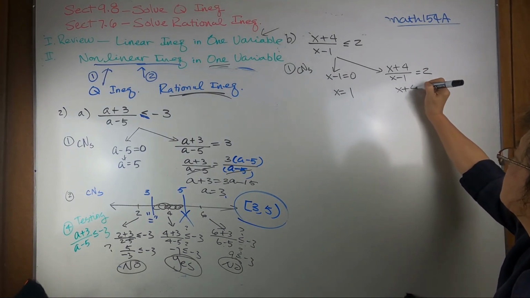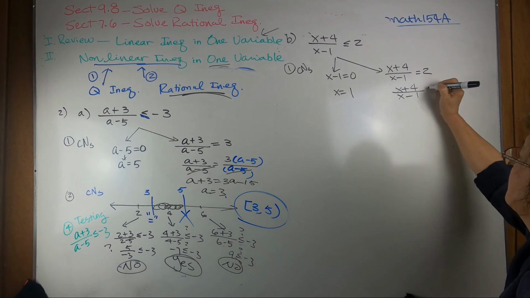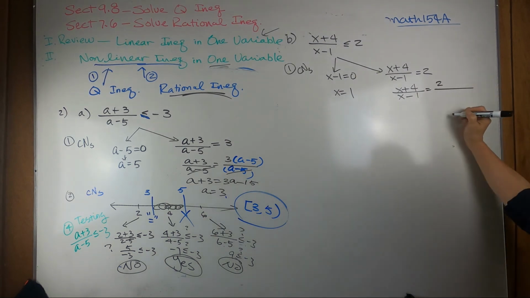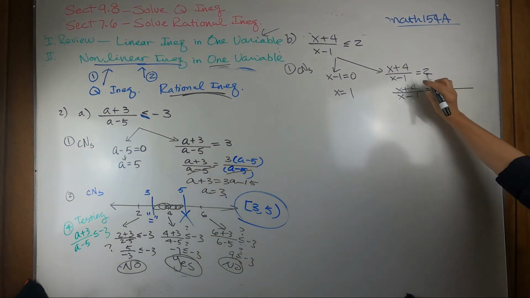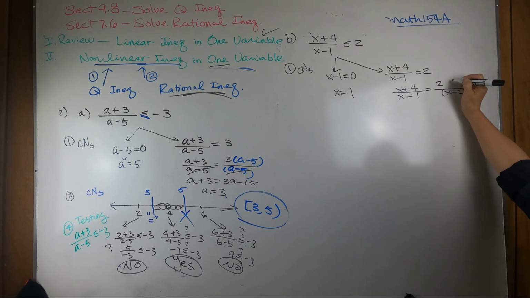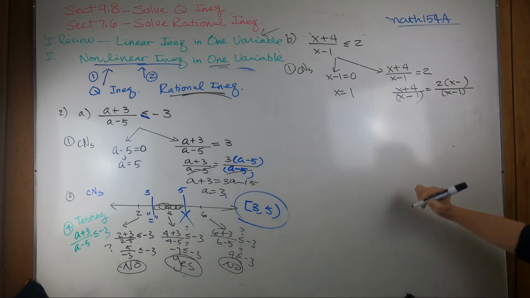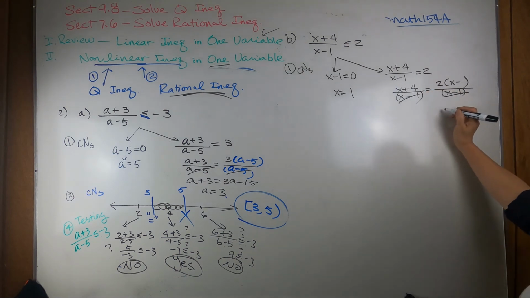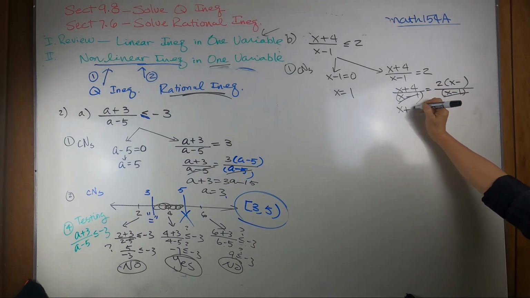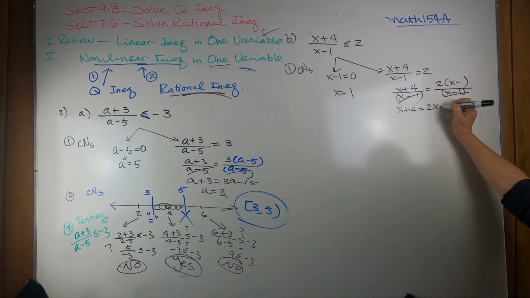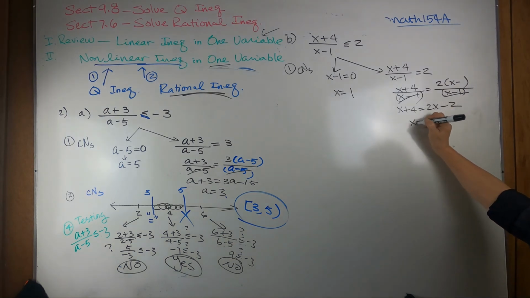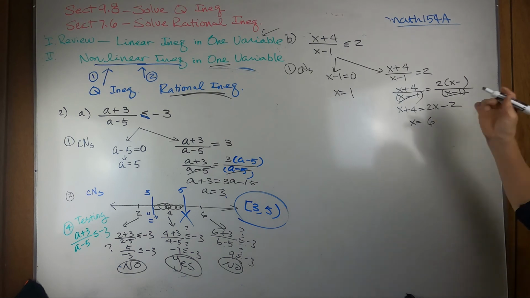So let's solve the rational equation. Have the same LCD, ignore all that. So we can do this with 2x minus 2, so your x is 6.